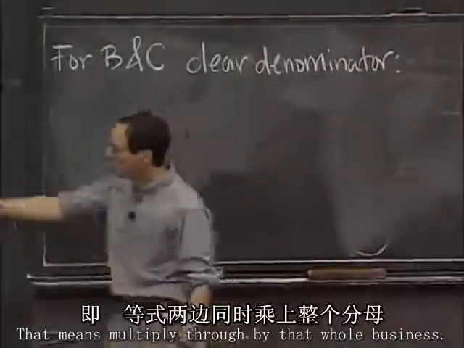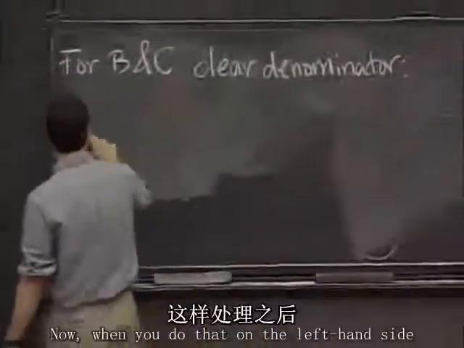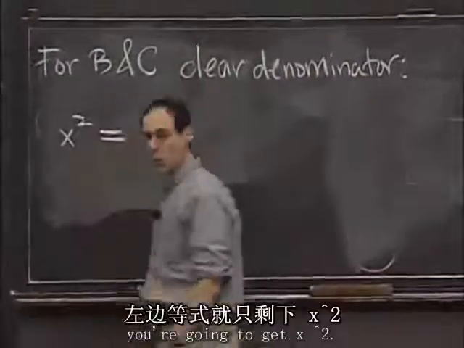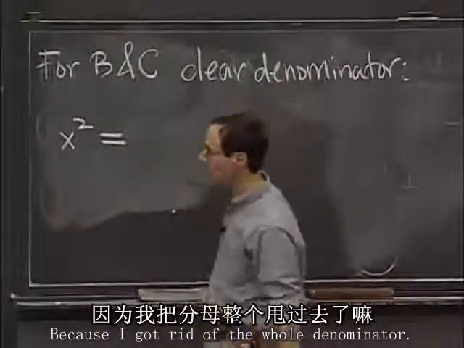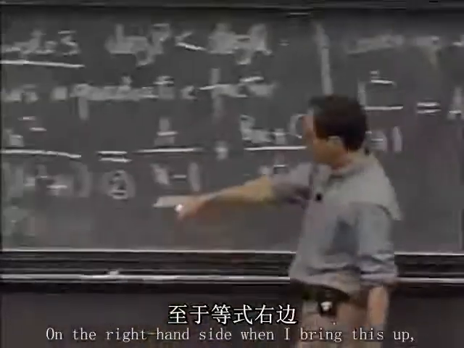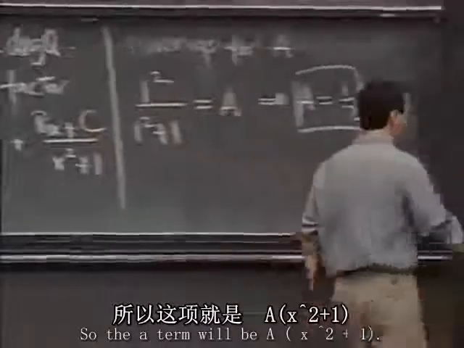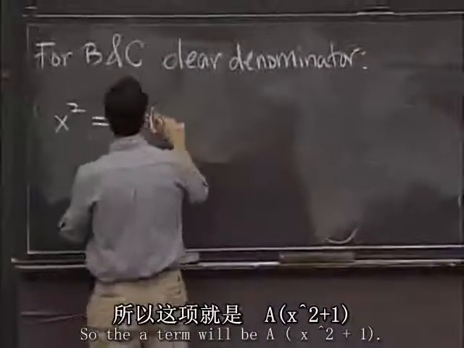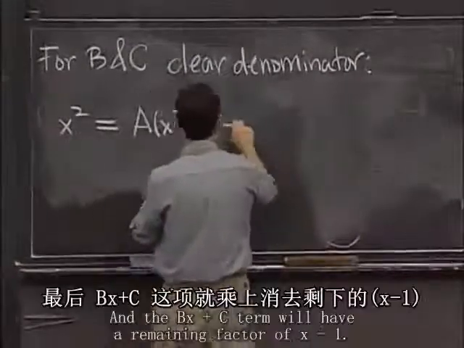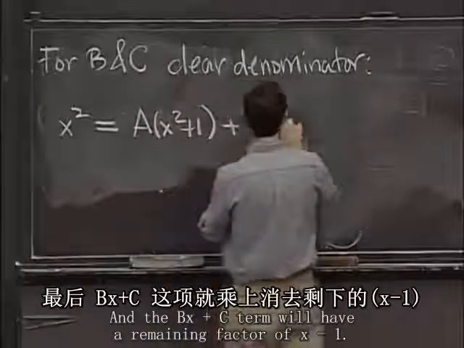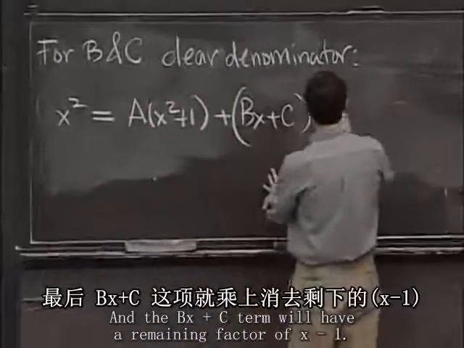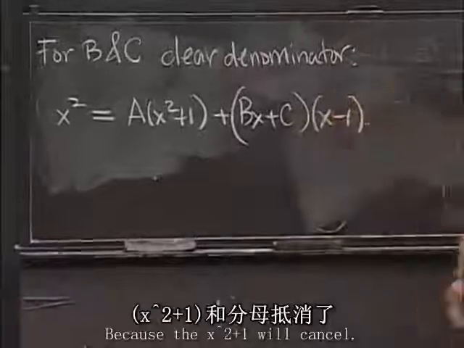That means multiply through by that whole business. Now, when you do that, on the left-hand side, you're going to get x squared, because I got rid of the whole denominator. On the right-hand side, when I bring this up, the x minus 1 will cancel with this. So the A term will be A times x squared plus 1. And the Bx plus C term will have a remaining factor of x minus 1, because the x squared plus 1 will cancel.